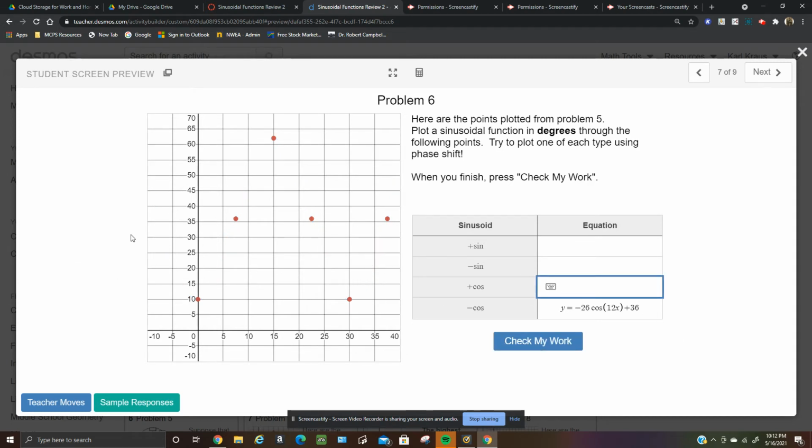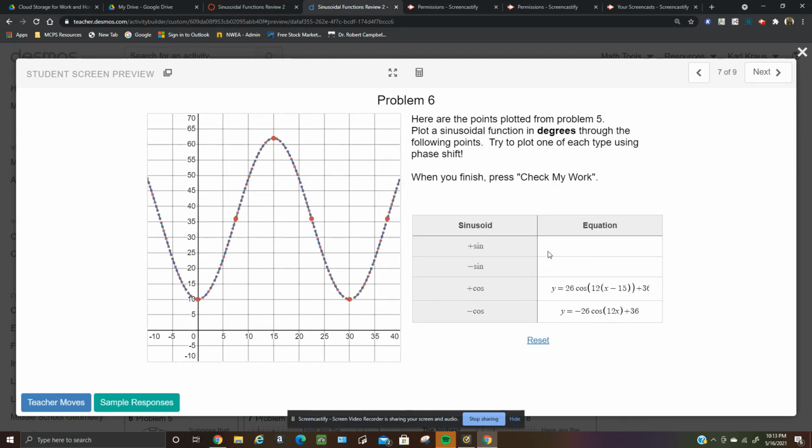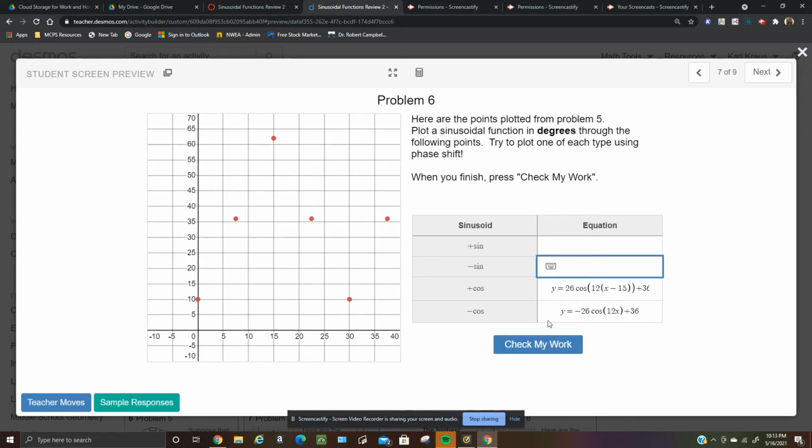Positive cosine would start right here at 15. So everything else would be the same. So phase shift. Check each one after you do it, so you're not confused. If you got something wrong, then you would know right away which one's wrong. So these two are right. Negative sine, let's start right here at 22.5.